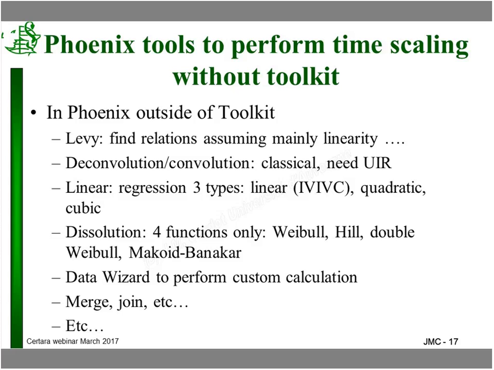For dissolution, I have 4 functions only: Weibull, Hill, double Weibull, and McCoy-Banakar. I have the data wizard to perform custom calculations. I have all the data merge, joins, append of my files, and so on. That means I have everything that I can use to make any IVIVC and time scalings. The advantage of Phoenix is that I can trace all the operations that I'm going to do.